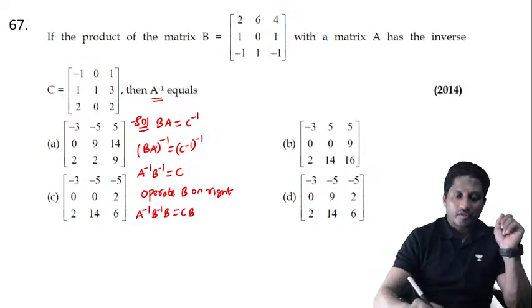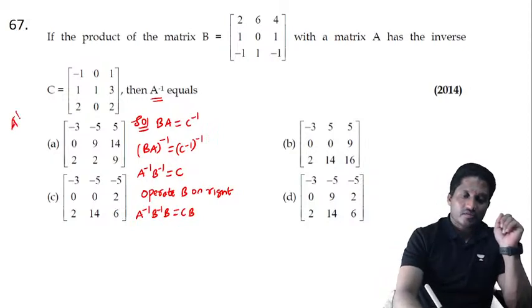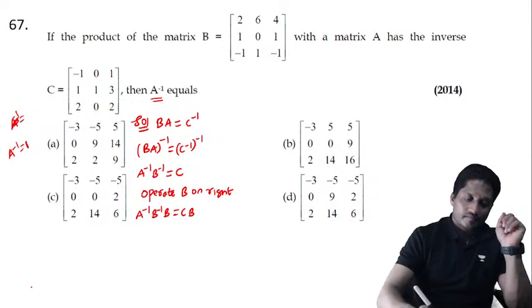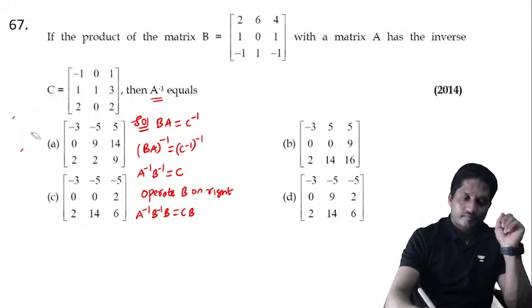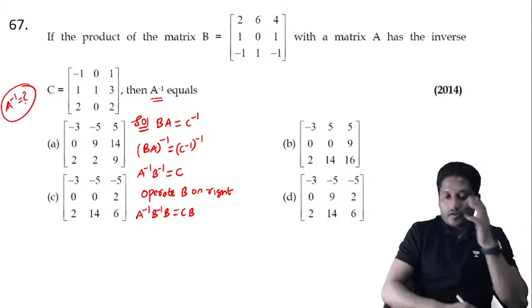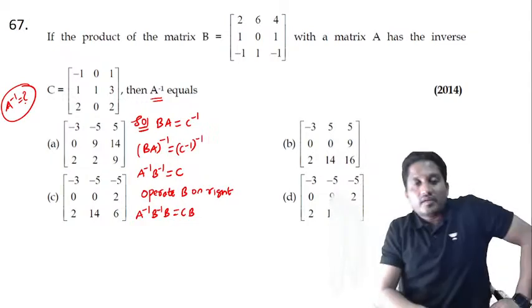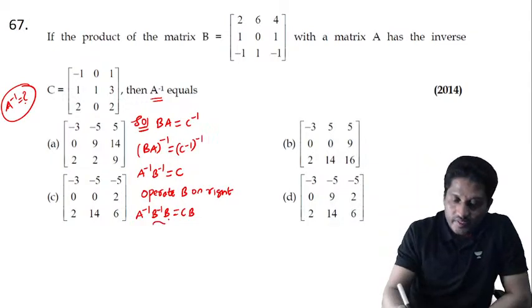I'm supposed to find what is A inverse. If I operate B on the right, you get B inverse into B is equal to CB. B inverse into B is I, which is equal to C into B.